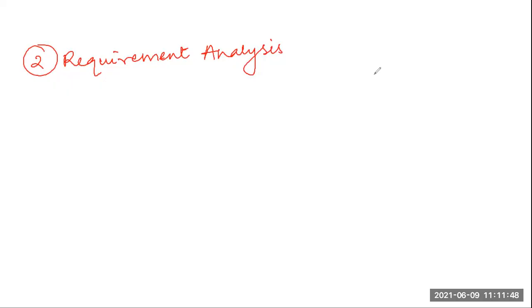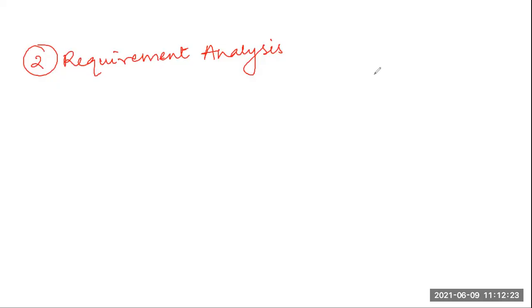The data collected from various stakeholders of that software may be in contradiction with each other, incomplete, or ambiguous. This may happen because not everyone is technically sound, so they cannot say exactly what the procedure is.